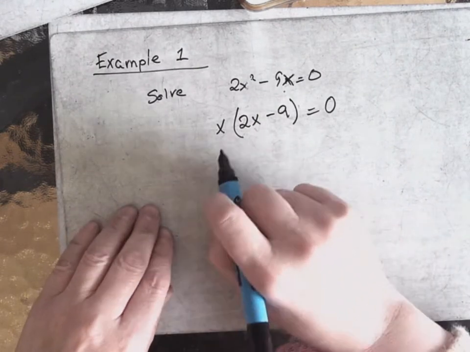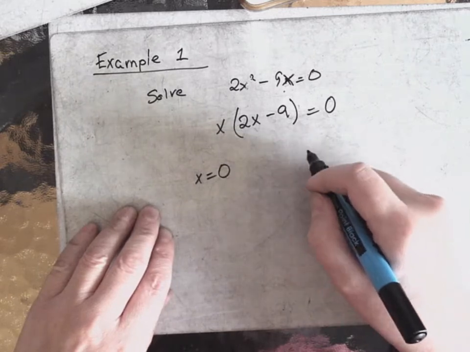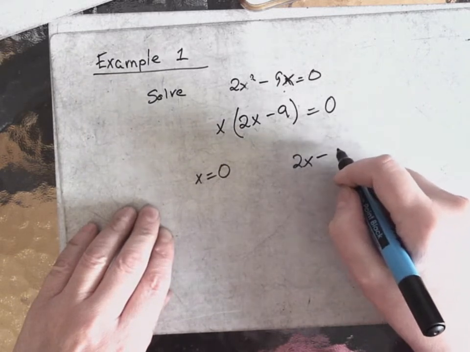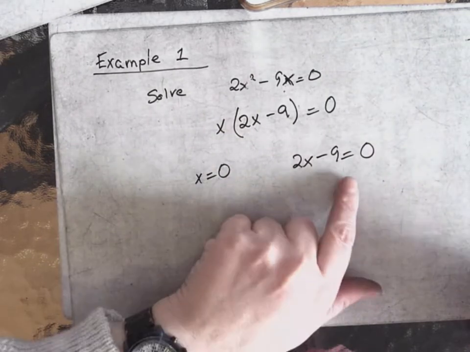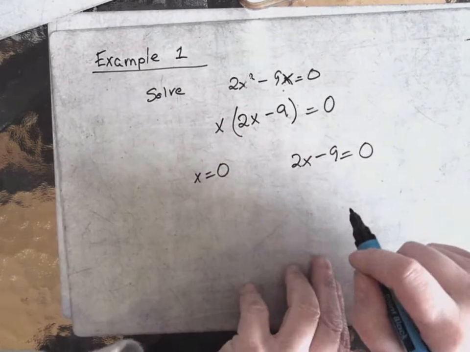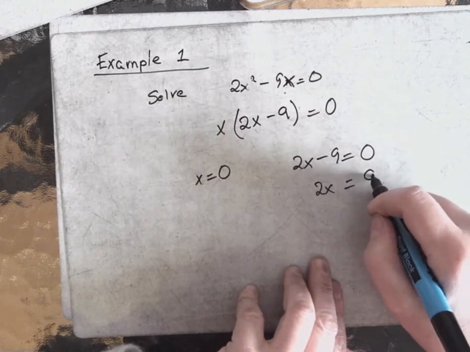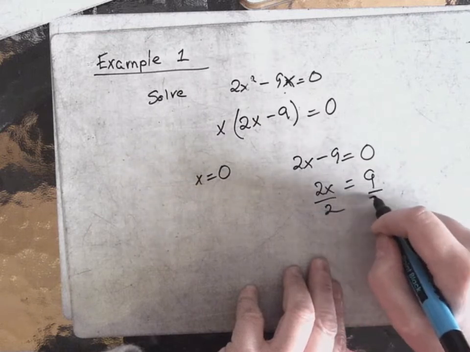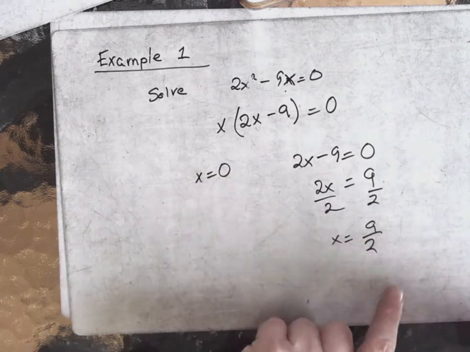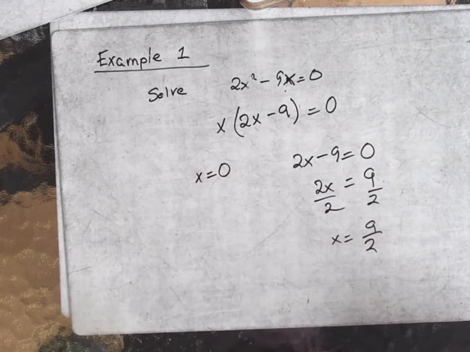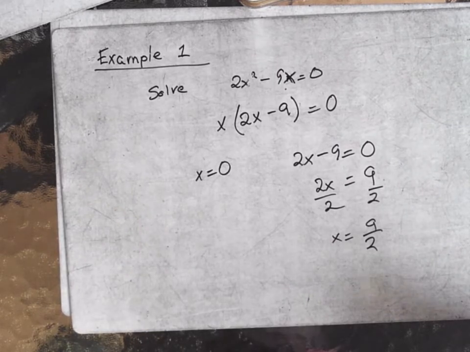So you let x equal 0, so x equals 0 is one answer, and the other answer you get from 2x minus 9, whatever's in the bracket, equal to 0. Solving this, x is on one side, numbers on the other, so leave the 2x, bring over the minus 9, it becomes a plus 9, divide each side by 2, and you get x is equal to 9 over 2. If you want to change that to 4.5 you can, but you don't have to. Okay, so that's one type where you solve with factors.